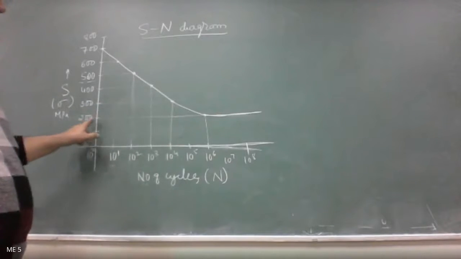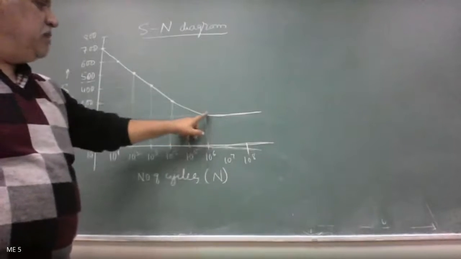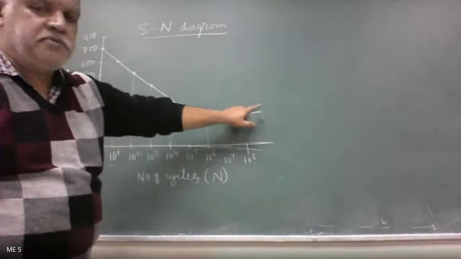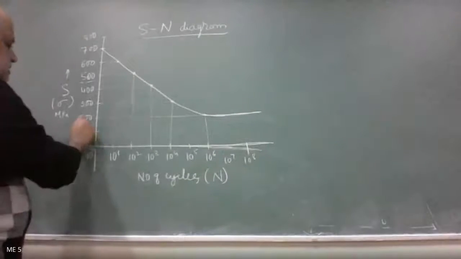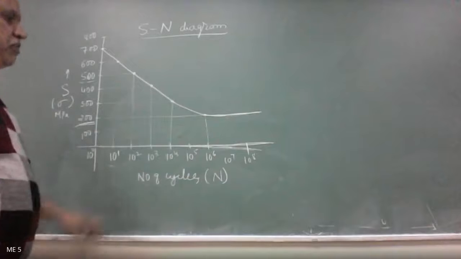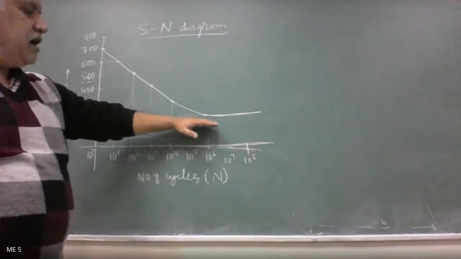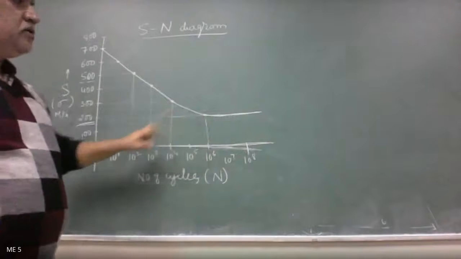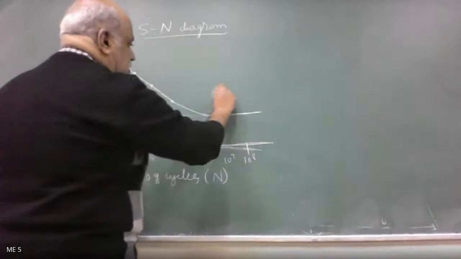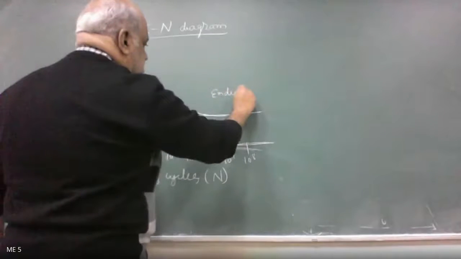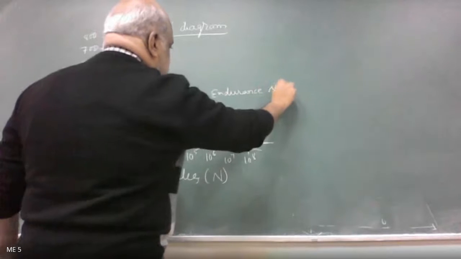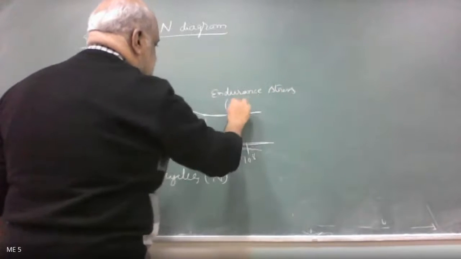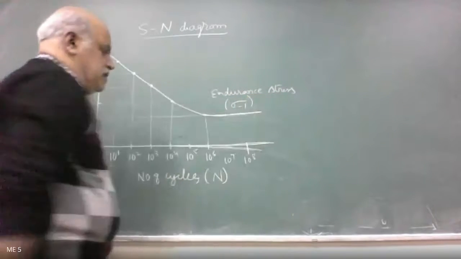At 200 megapascal, it has crossed a million cycles and keeps going. So this stress at which the material could withstand more than 10 power 6 cycles without failure is called endurance stress or endurance strength, denoted by sigma minus 1.